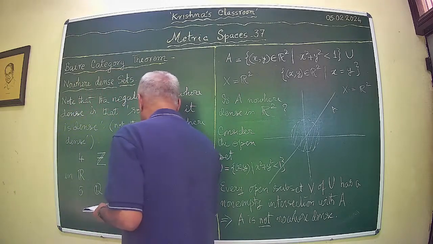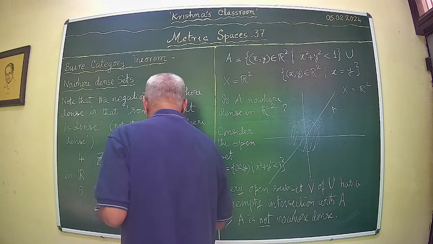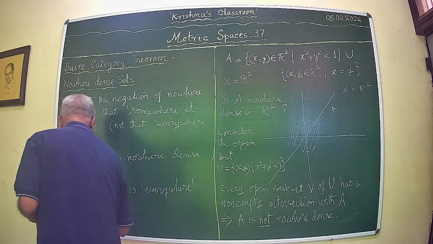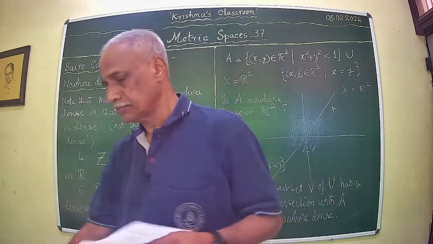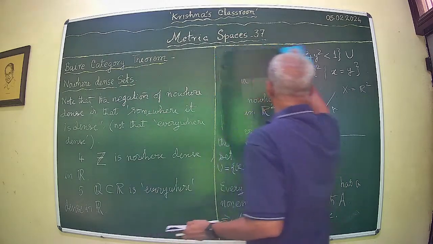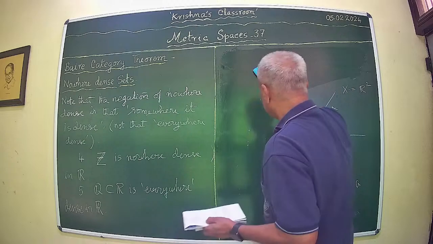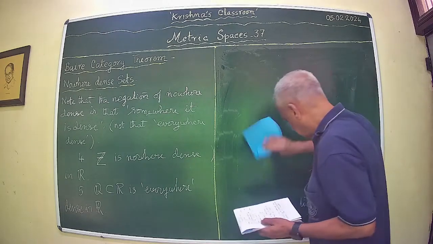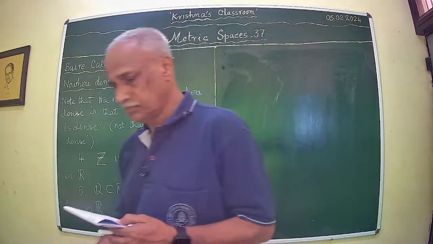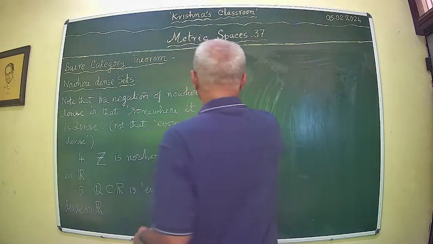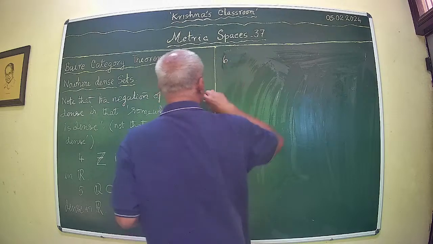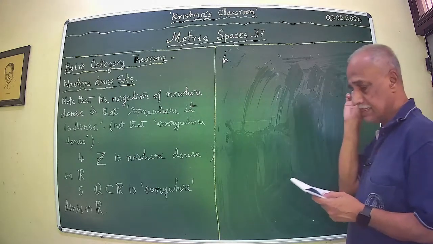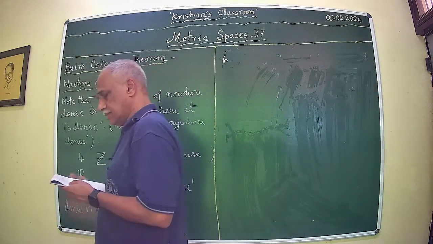This is in fact everywhere dense. More sophisticated examples are as follows. In fact, this example has been considered already. That is, what we are saying is that the x-axis in R2 is nowhere dense.